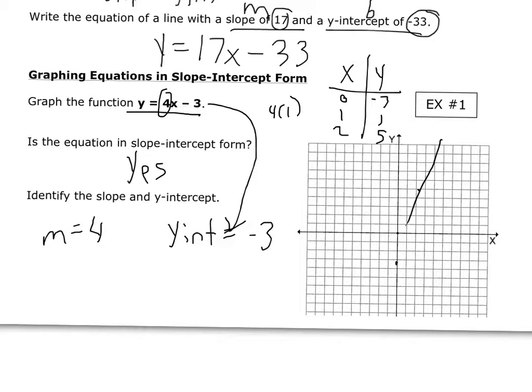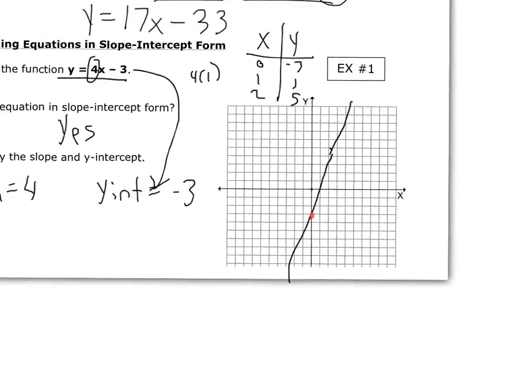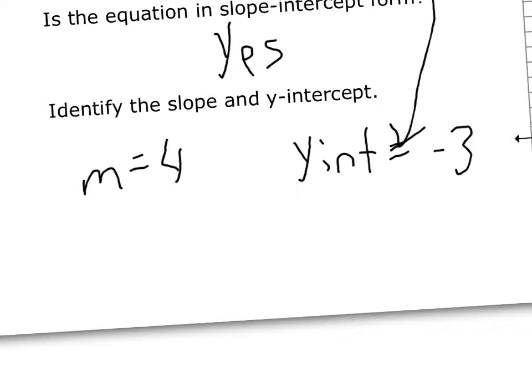If we draw that line, it should look something like this. But another way you can do it is if you know the y-intercept, you can plot that point. Our y-intercept is -3, so I'm going to put a point on the y-axis at -3. Then we can use our slope. Remember, slope is rise over run.